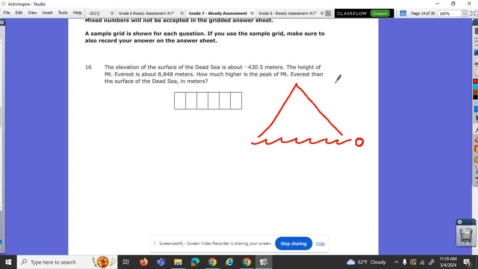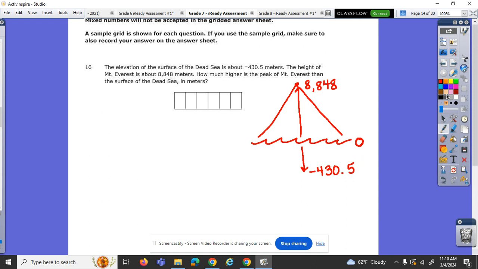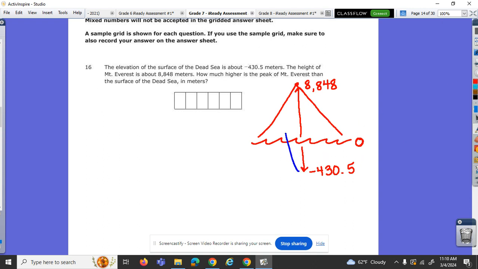The peak of it is 8,848. That would be our positive going up. And then down below sea level is our negative 430.5. So we're thinking about how much higher, basically, the distance between these two places.